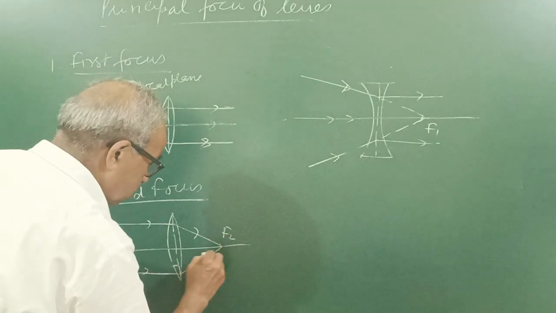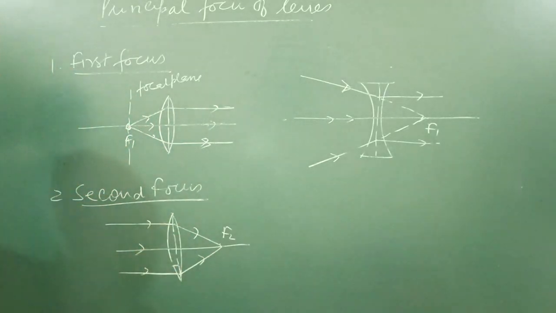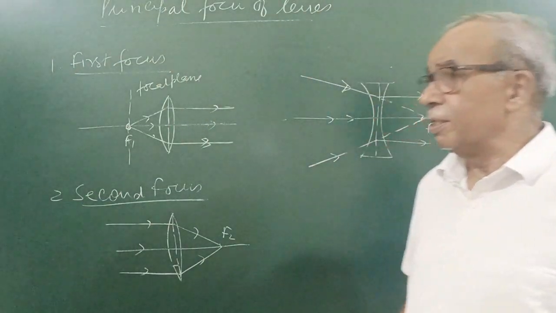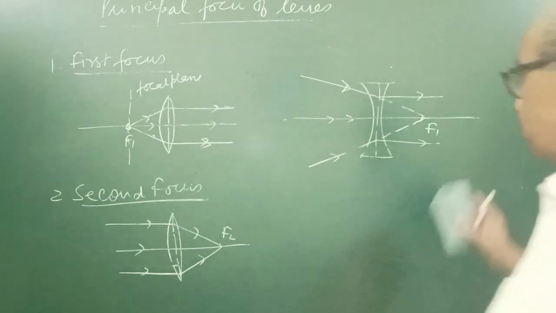This is the second focus. Since this lens converges a parallel beam at its focus, it is called a converging lens.